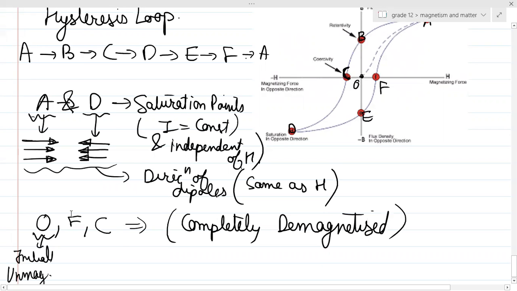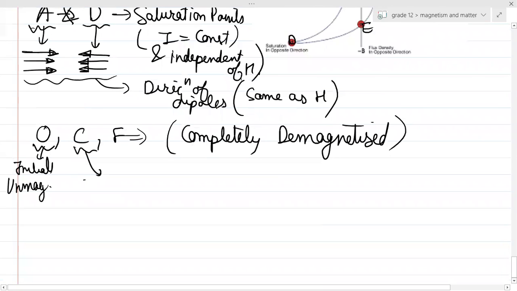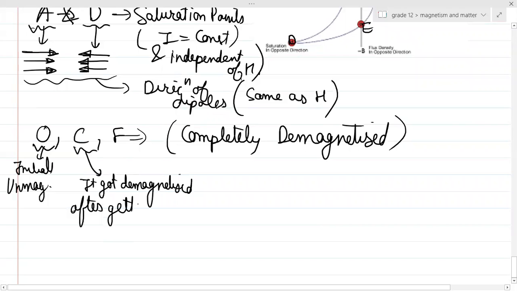C is basically the point where it got demagnetized after getting magnetized in positive direction.